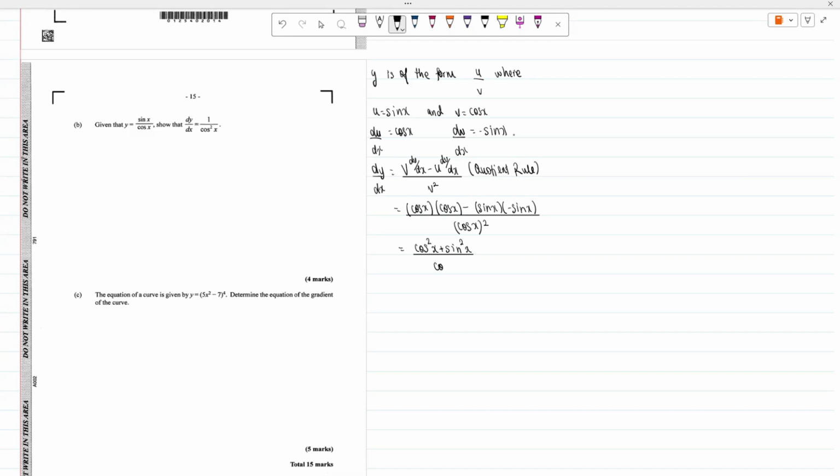And I go ahead to recall an identity here. This is dy dx still. I'll recall that cos squared x plus sin squared x is 1. So dy dx is 1 over cos squared x.